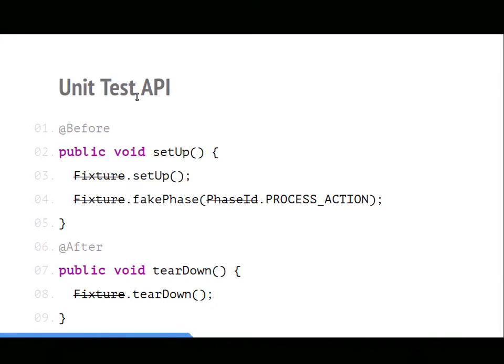Another thing that is new is unit test API. If you want to unit test your RAP application code, and you want to test methods that create a widget or create the display or access a UI session, you had to create some test context that contained a RAP context, including UI session, application context, and all these things.